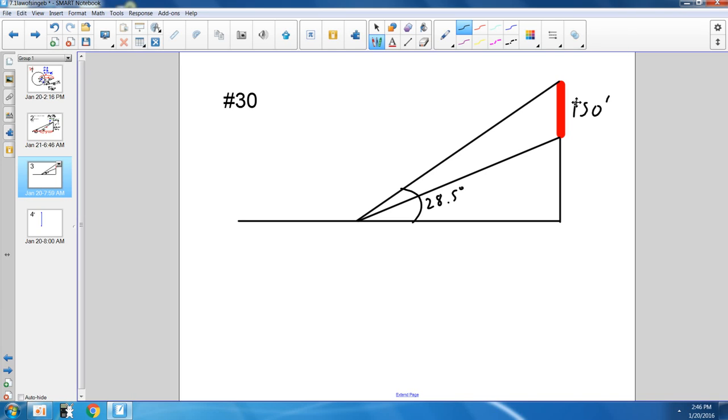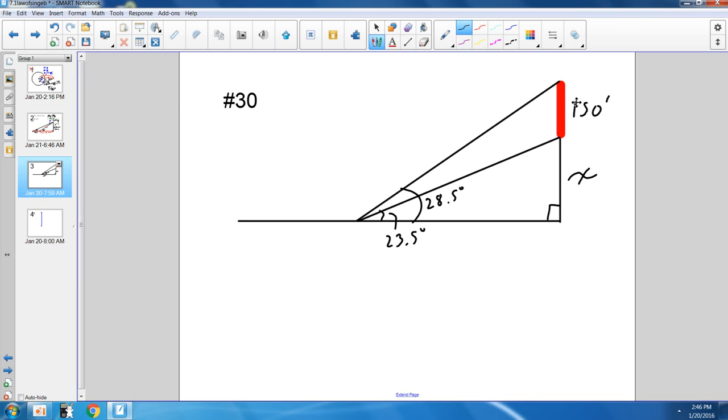While the angle of elevation to the bottom of the antenna from the same point is 23.5 degrees, meaning this is 23.5 degrees. How tall is the building? I want to write down what I'm solving for. What is my x? Buildings are perpendicular to the ground.